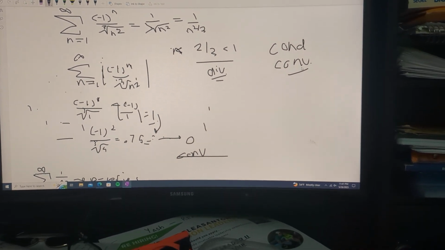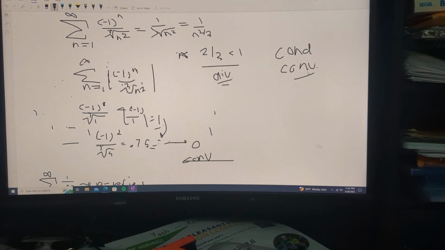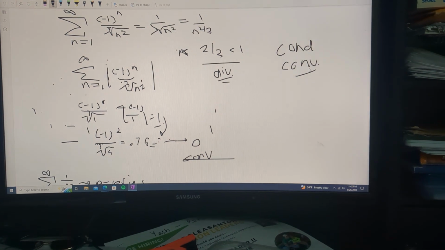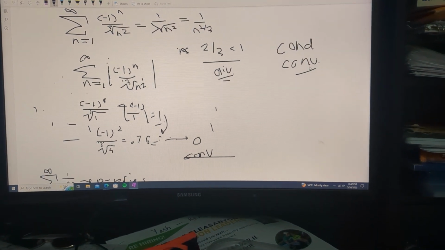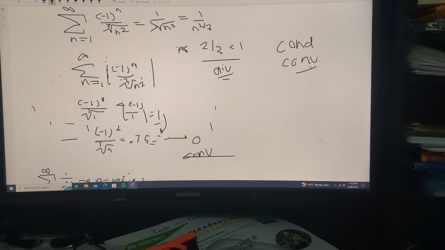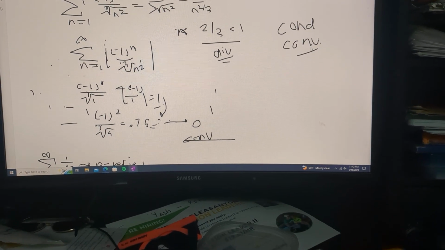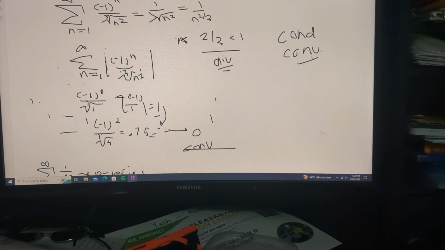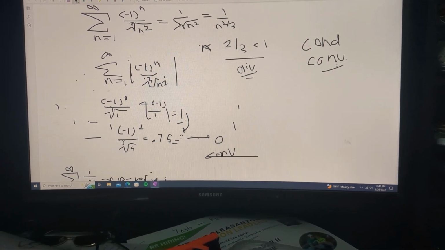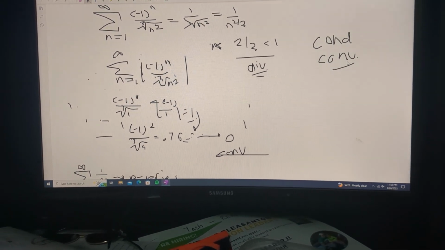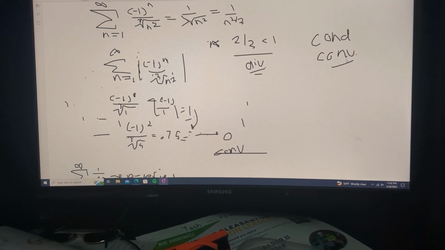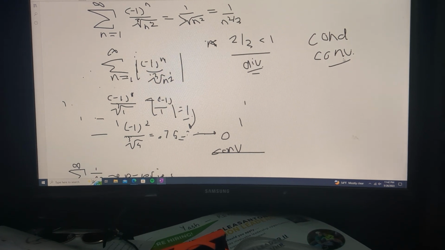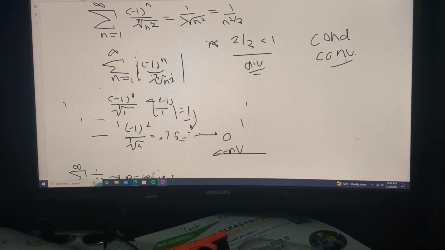They're not going to be simple at hand, but really what you have to do is just find the test to solve both the absolute value problem and the regular series. Find out whether they are convergent or divergent. If both diverge, then the series itself just diverges. You don't need to say anything else. If both the absolute value and the series by itself converge, it's absolutely convergent.